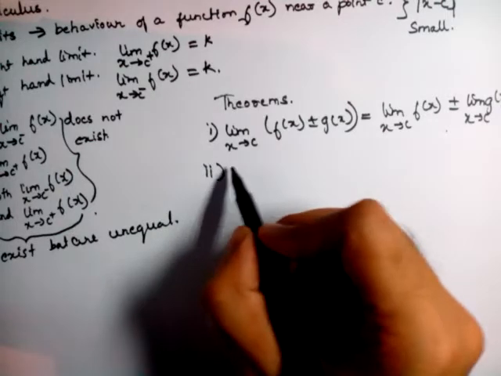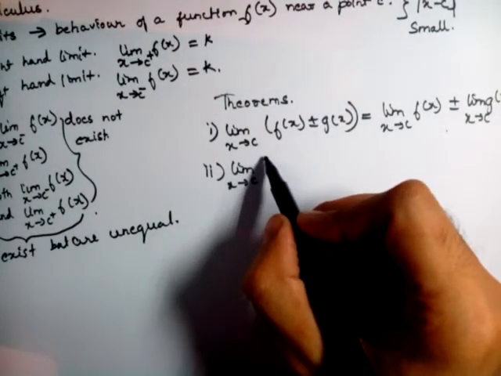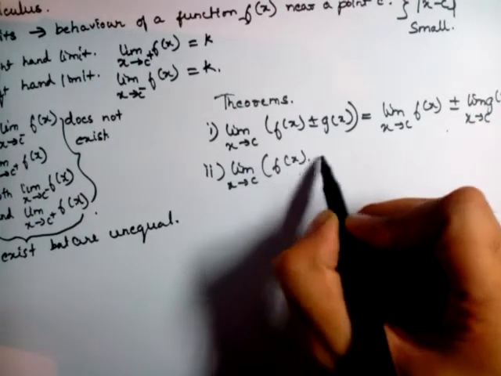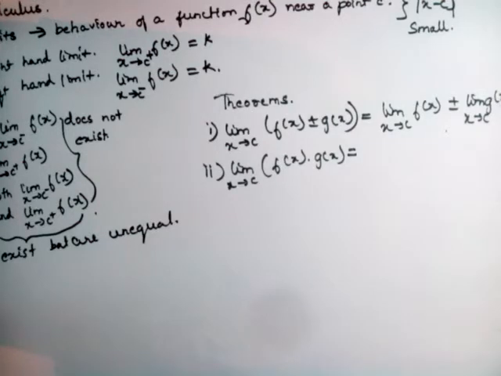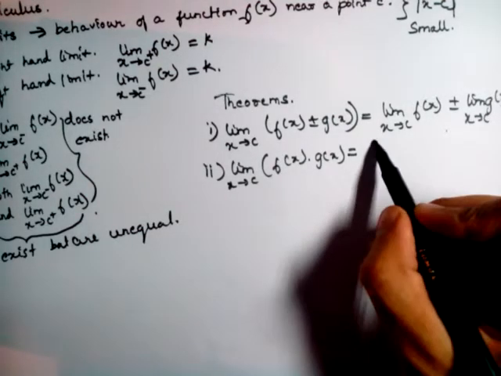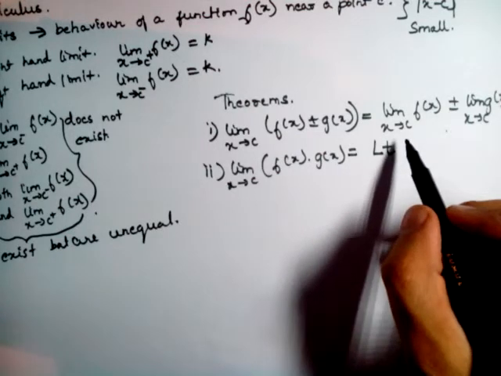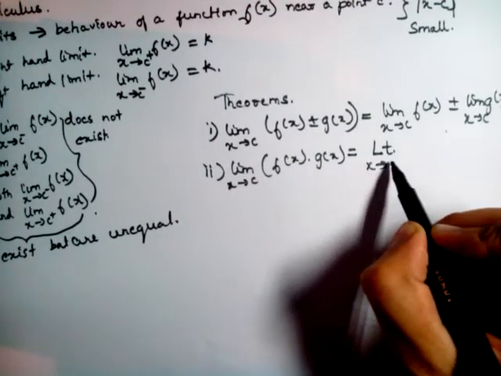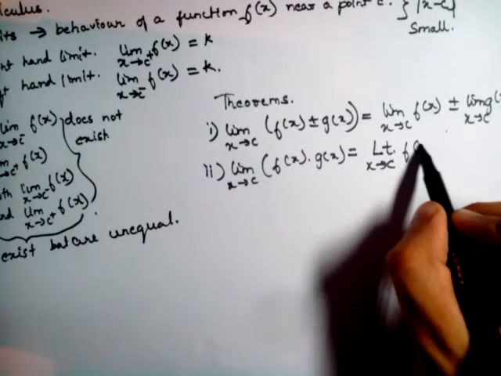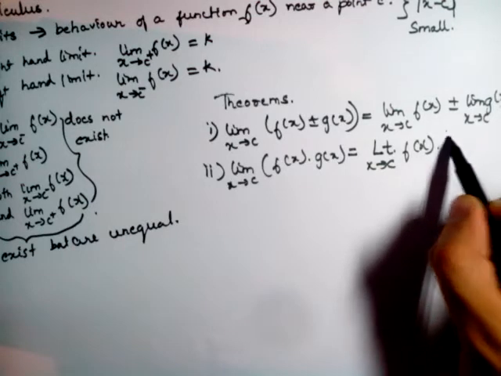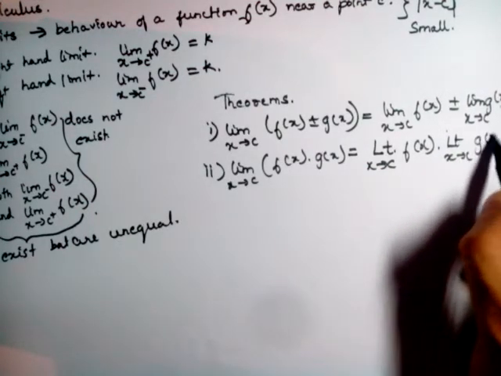Similarly, if it is multiplication, f of x into g of x, limit can also be represented as LT. So here I'm going to represent it as LT. LT of x tends to c f of x into LT x tends to c g of x.